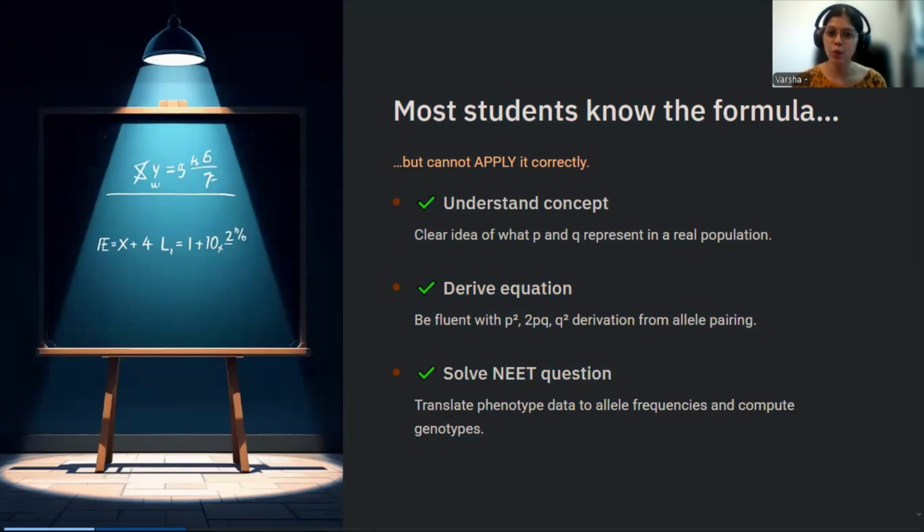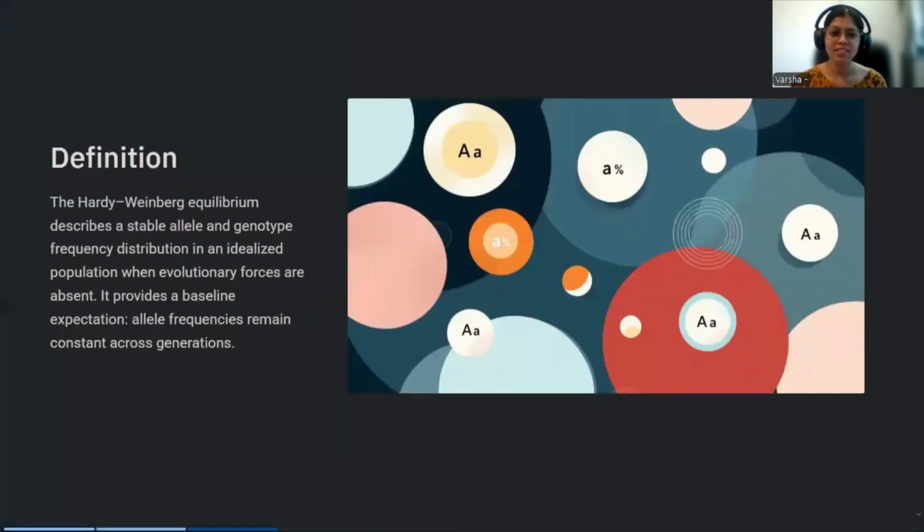Try to derive the equation, which is P squared plus 2PQ plus Q squared is equal to 1. And finally, try to solve the NEET questions.